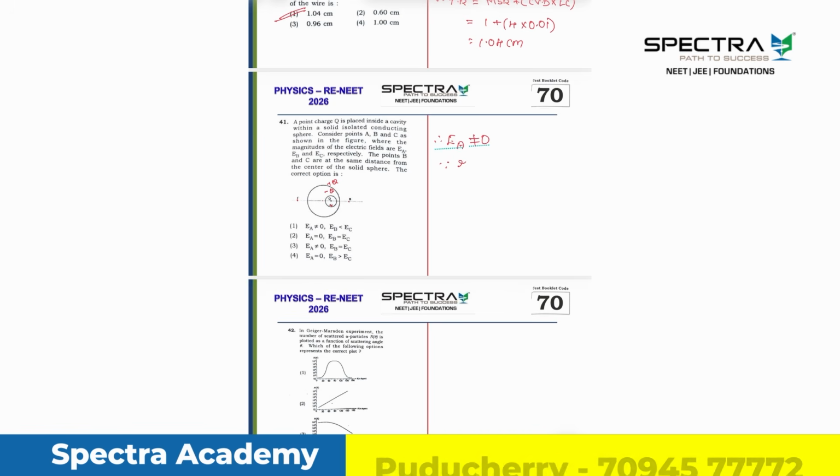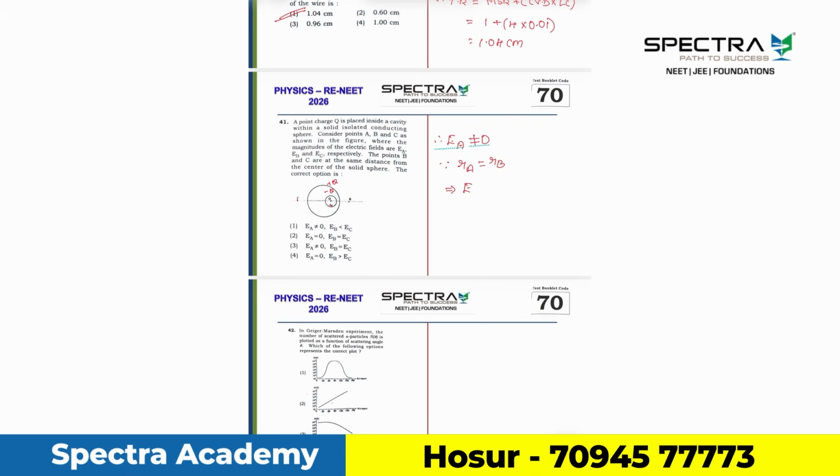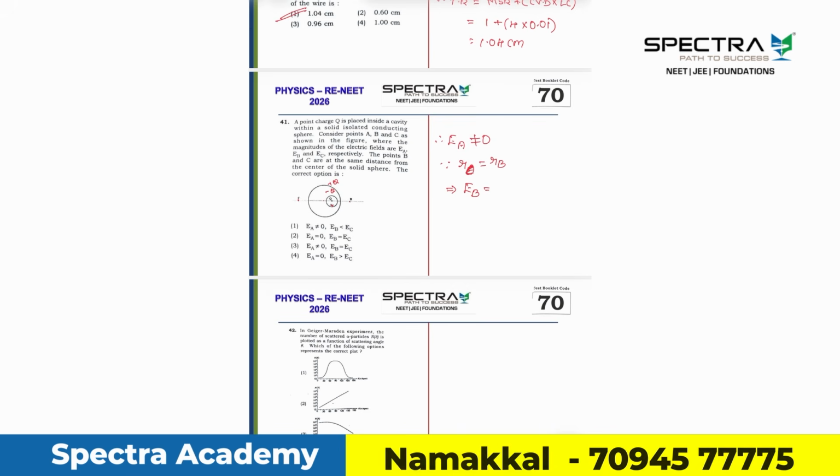Not only that, the distance RB is equal to RC. Sorry, this is not RA, it is RC. So the electric field at B is equal to EC.